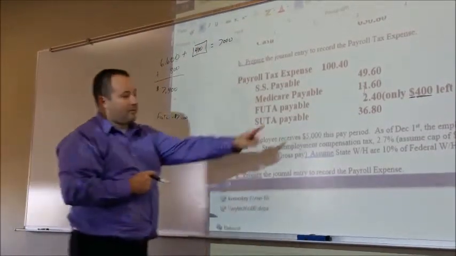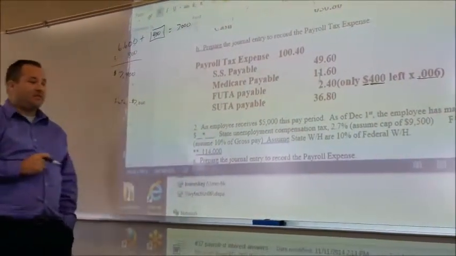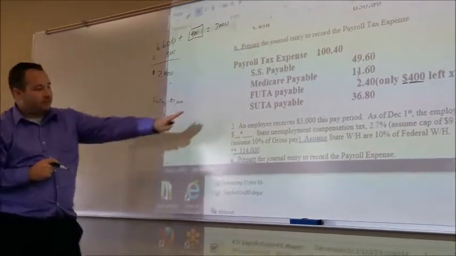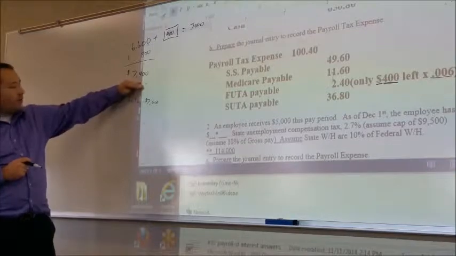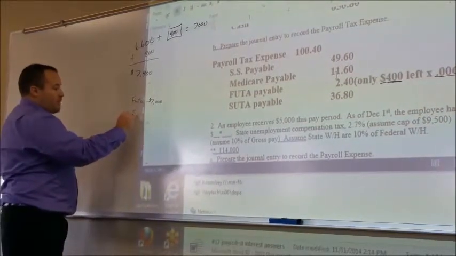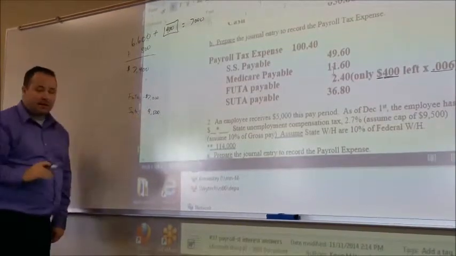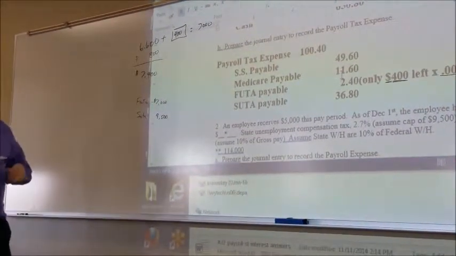That's where I got the 400 to tax at the FUTA rate. Note, for the SUTA rate, I didn't have to do anything special yet. I'm still at 7,400. When we look back, the SUTA cap is 9,500, so I'm not at that cap yet. All 800 can be taxed.